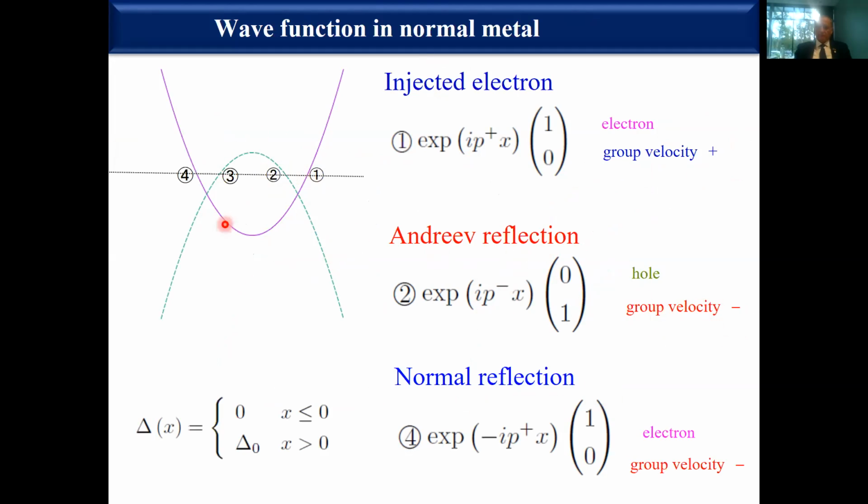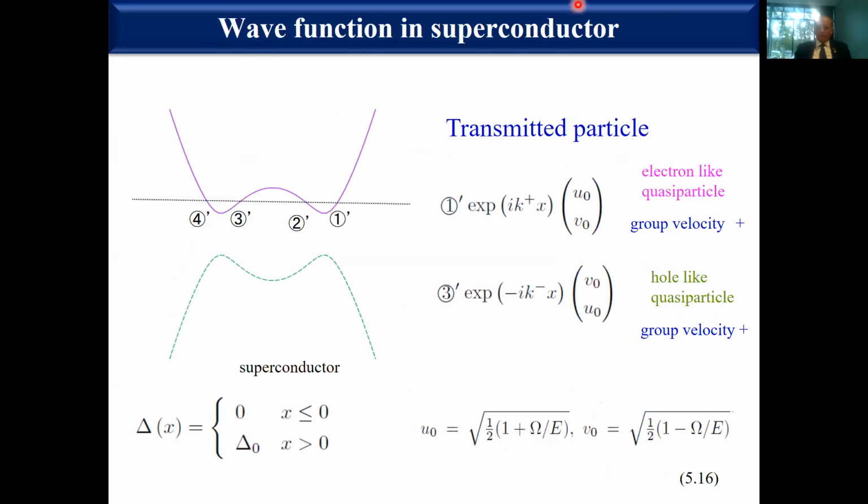And normal reflection is here from solution 4, and it is given like this. This is a wave function satisfying the boundary condition in the normal metal. On the other hand, for the transmitted particle there are two possibilities, because the transmitted particle's group velocity should be positive. So 1' is an electron-like quasi-particle, and 3' is a hole-like quasi-particle. These are the transmitted quasi-particles.